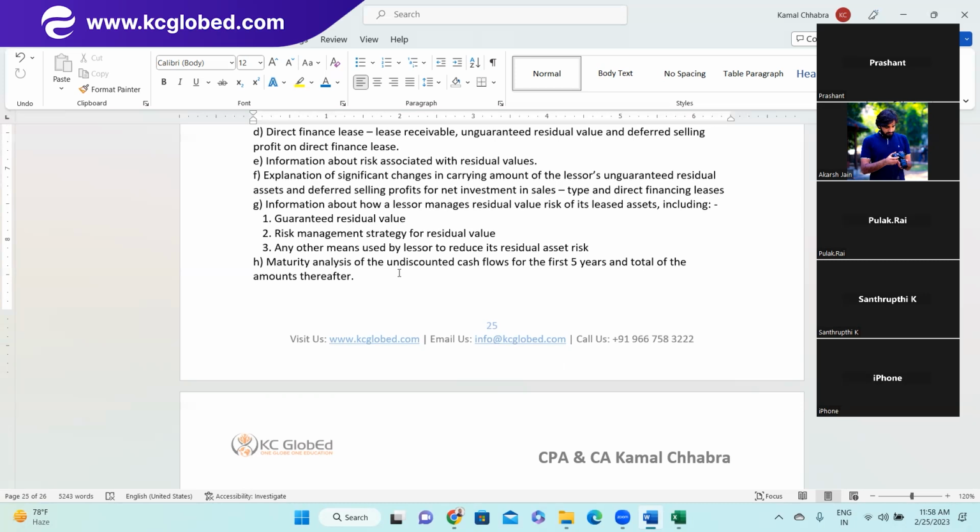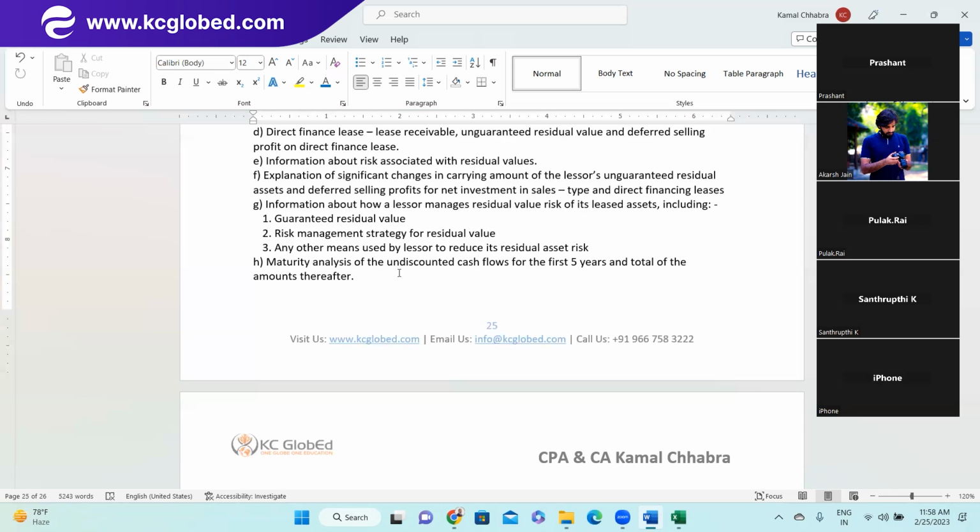You are not sure or confident 100% what the actual value will be in future. For example, you have purchased a computer and after 3 years, what will be the residual value of the computer? It's very hard to determine because the technology will change, right? So the same thing applies here also. You need to consider those dynamics.